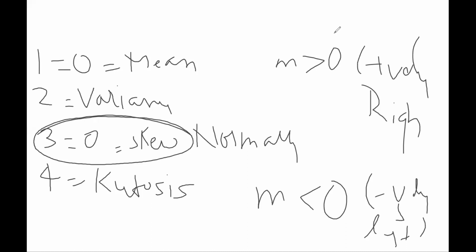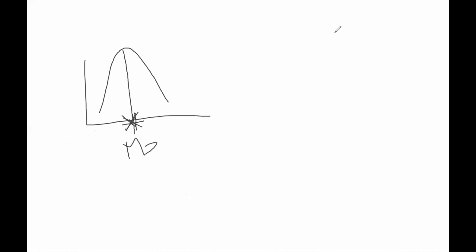One more thing, in case of the Gaussian curve or normal distribution, this point would be our mean is equal to median is equal to mode.